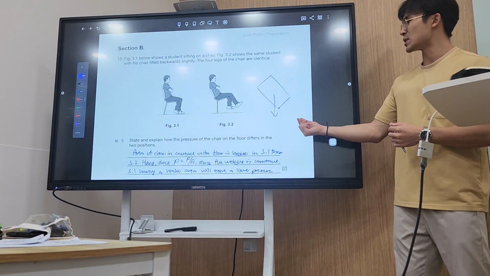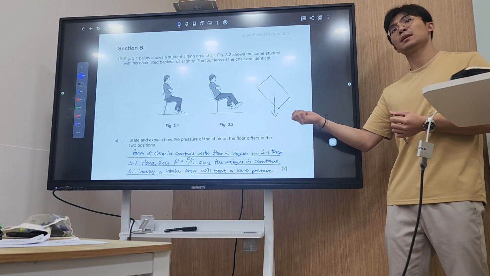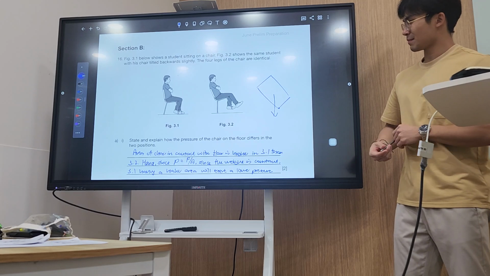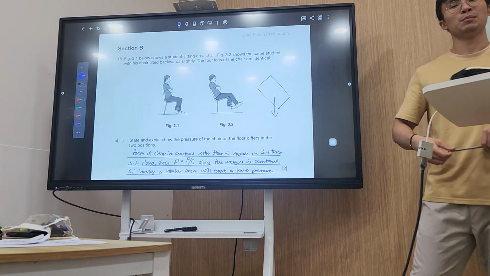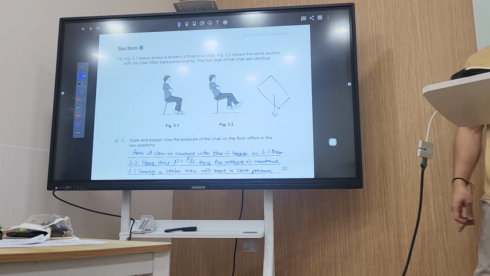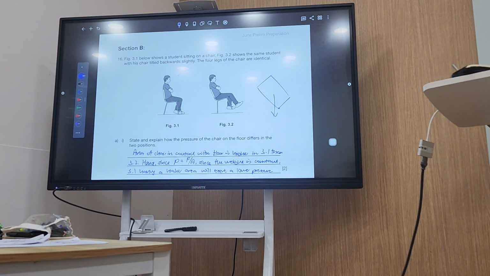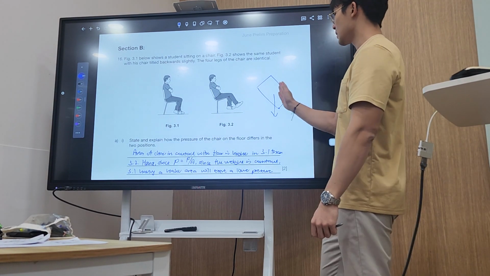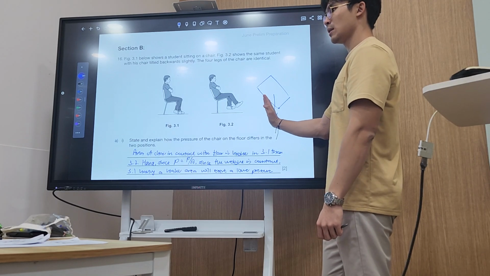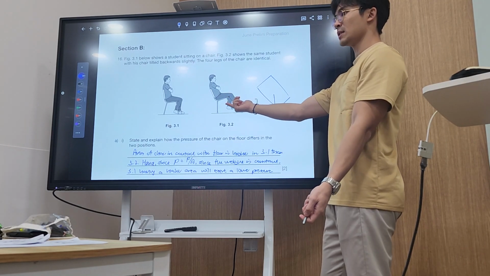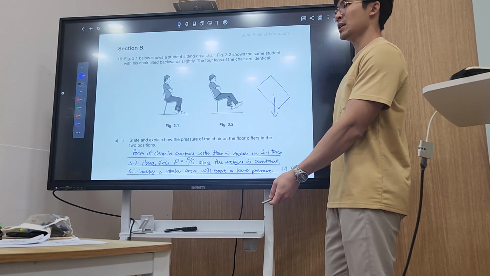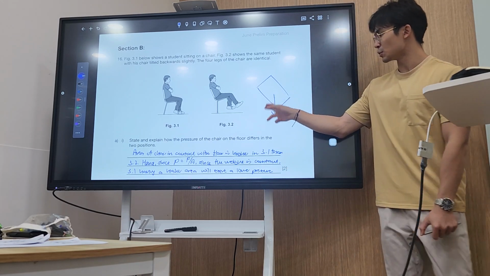So it wouldn't make a lot of sense to say anti-clockwise is more than clockwise. So it's wrong. I wouldn't give a mark. What do you mean there's no clockwise? There's no clockwise because there's nothing past this point. Your center of gravity shifts this way. Apart from center of gravity, what else do you have for this? It's not like holding a cat or whatever, right? So there is only anti-clockwise moment.